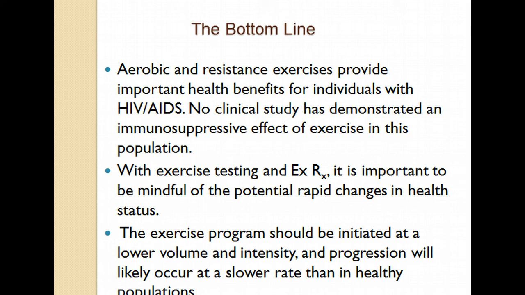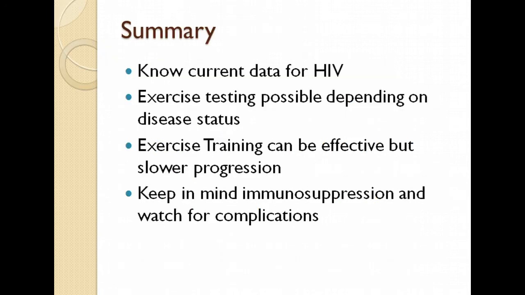So people should be able to improve. You have to be mindful, just as if someone was a cancer survivor, that their health status can change very, very quickly. And then start out at the lower limits of frequency, intensity, time, and then much slower progression than what you would do for a normal, healthy adult.